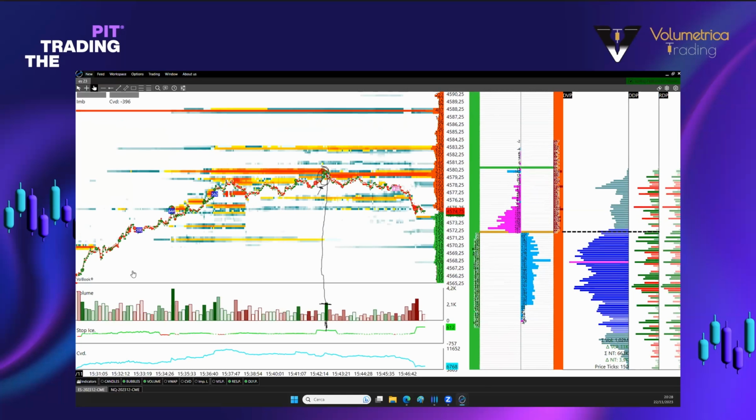As opposed to that, exhaustion comes with low volume. We have small bubbles, and especially we need to check for small sized bubbles on the side we are trying to assess for exhaustion.